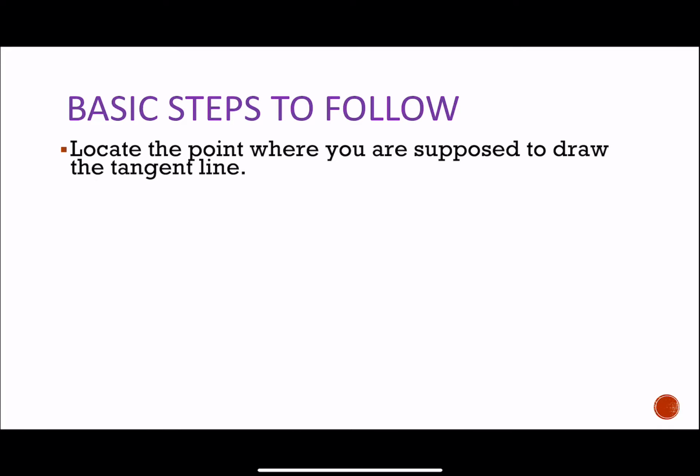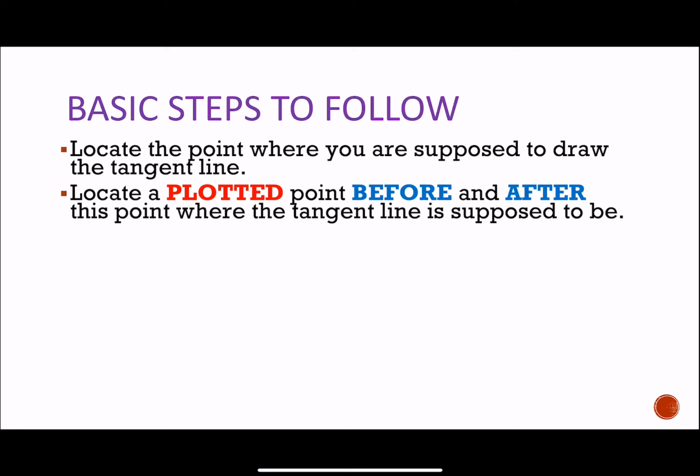Okay, the first thing, very importantly, is that we need to locate the point where you're supposed to draw the tangent line. Usually they will give you either a coordinate, or they'll tell you the point where x equals 1 or 2 or 3.5 or whatever point. Next, you need to locate a plotted point that is before and after this point where the tangent line is supposed to be.